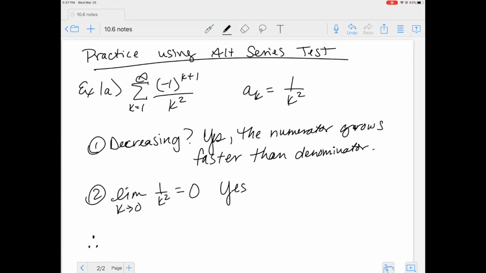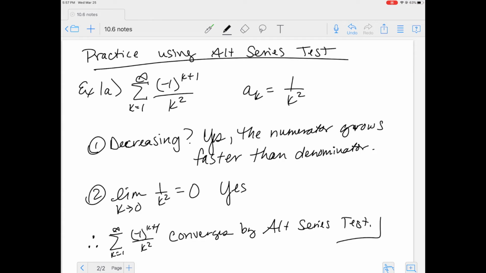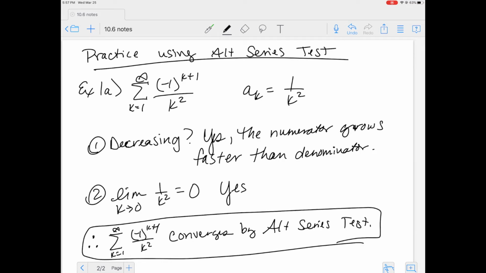Therefore, this series, going from 1 to infinity, converges by the alternating series test. Right? Three criteria in your statement: the fact that you have a series, whether it converges or diverges, and how you know that.